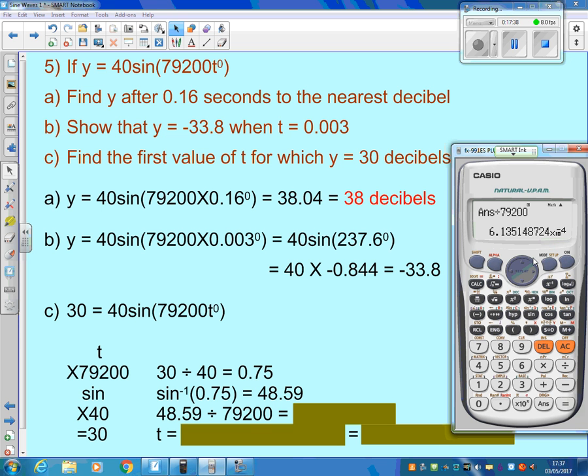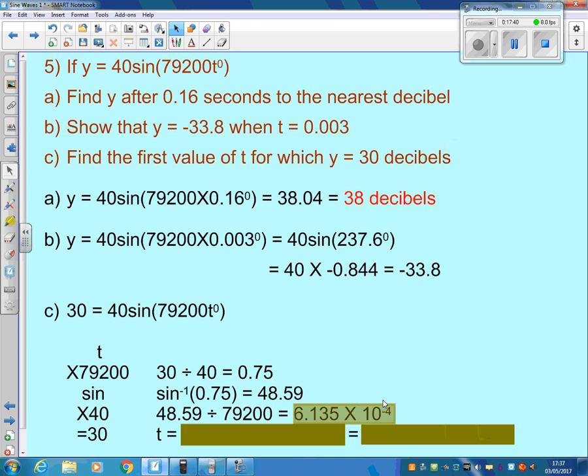So 6.135 times 10 to the minus 4 will do us. That means we've got back to t, because we started with 30 divided by 40, then sine to the minus 1, divided by that, which takes it back to t, and t is 6.14 to three significant figures, times 10 to the minus 4.